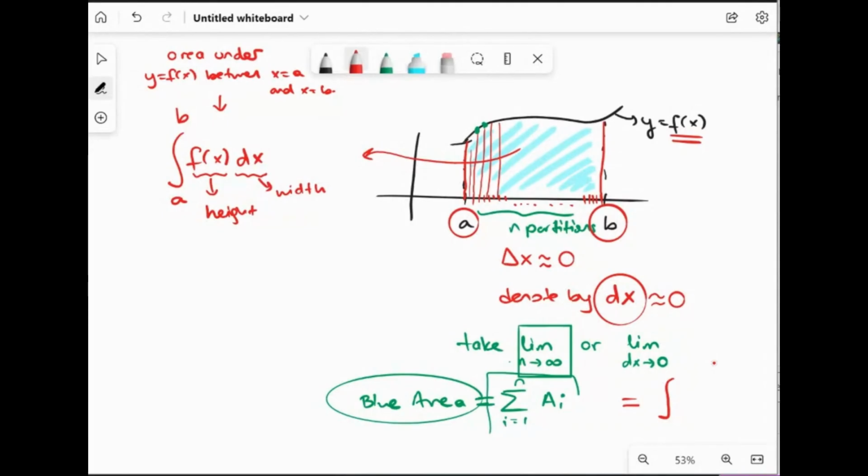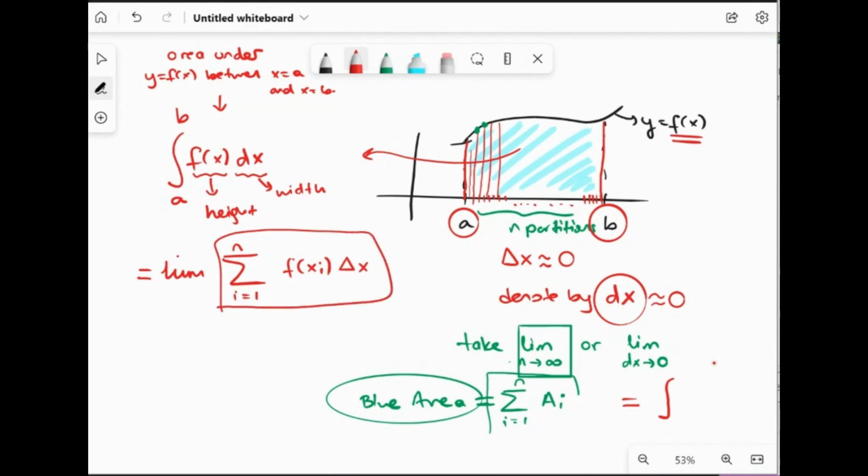When you multiply width and height, this is the limit of the sum of each height times delta x when i is changing from 1 to n.